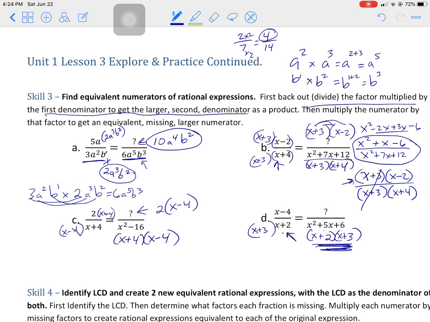So that number should come up in here. So what you can always do is start with that and go, I know that x plus 2 must be in there. What's the rest of it? Okay. So whatever that gets multiplied by, that gets multiplied by. So right there, my final answer is x plus 3 times x minus 4. And it doesn't matter if you put the minus 4 first or second, but that's what it is. Okay?